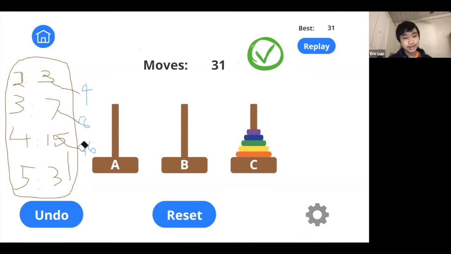So I think you're on the right track here. You notice that the difference between 4 and 5 is 1 plus the number of moves that you need for 4. So 4 takes 15 moves, and 5 takes 31, and the difference is 16. So you did notice that 15 plus 1 is 16, and 7 plus 1 is 8, right?